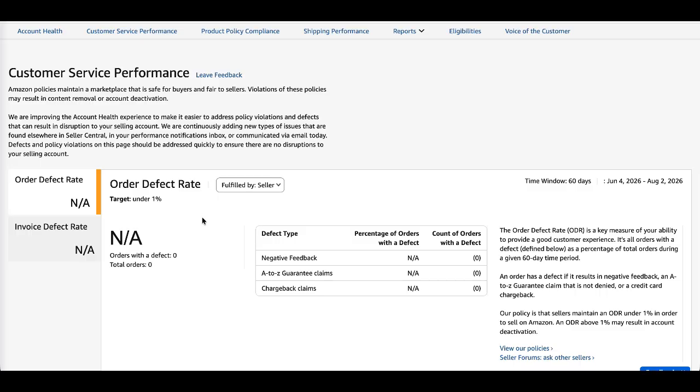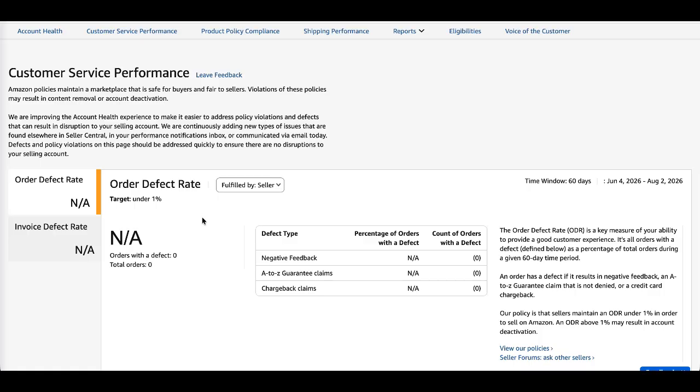Try to give customers very good service, so that if they face any grievances, they are resolved there and then. Now A to Z guarantee claims. This is the second component of ODR. A to Z guarantee claims are basically claims where a customer reaches out to Amazon, saying that I have not got my order, or I have not got the refund that I claimed.